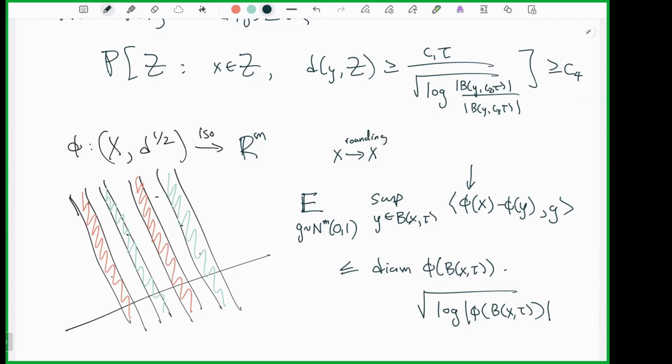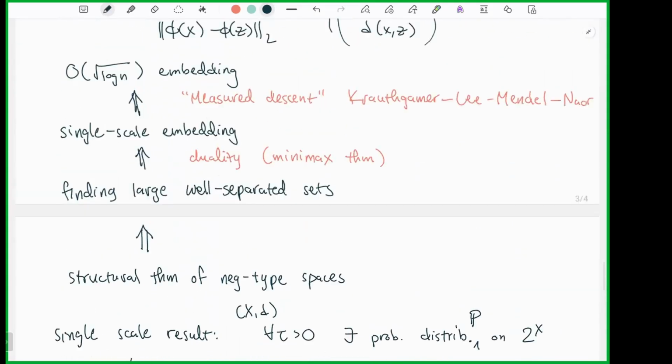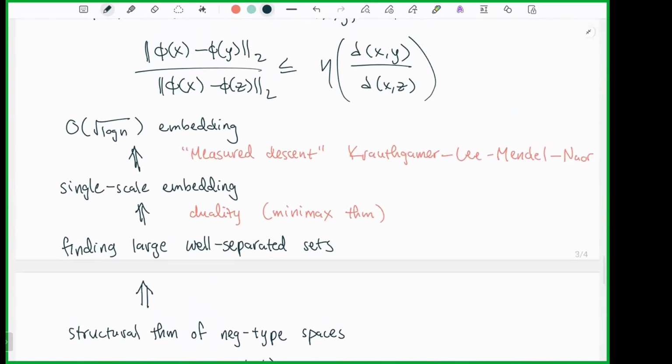No, I understand what you said about this, but in this estimate that you wrote, this square root of log term essentially explains the square root log n, right? Yeah. But then you get some other kind of error, because there was this log n term in the original. You have some loss somewhere else. So you get the square root log n, but then you have some loss somewhere else. So that comes from this part here, this measured descent technique.